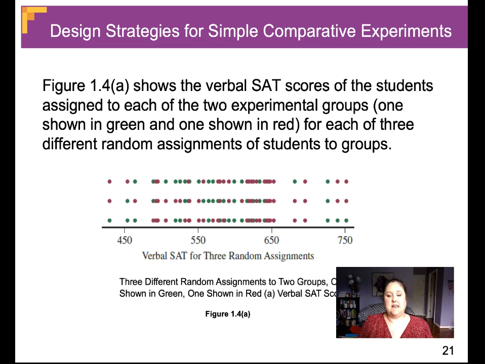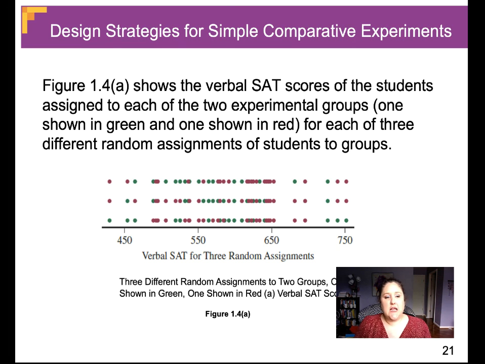We don't see high scores with just one color and low scores with the other color. We see that the achievement is pretty similar for all of our groups. So we see that the random assignment is going to create these groups that are similar in terms of SAT achievement scores. But we also potentially are evening out the groups with respect to other confounding variables.